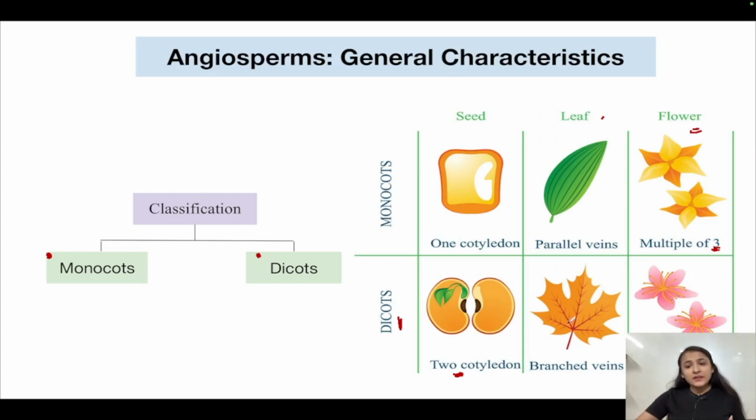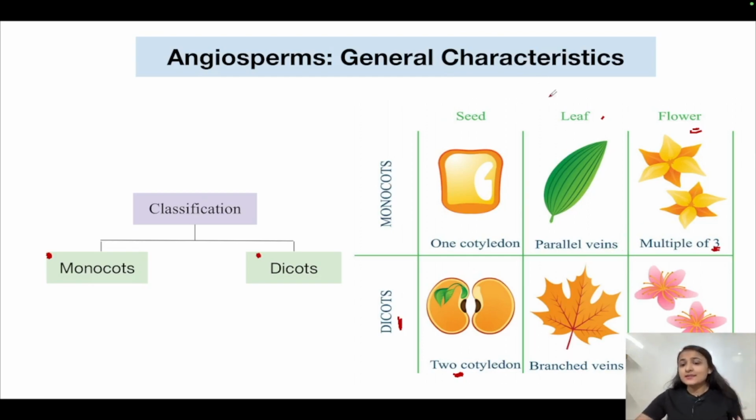If we look at their leaves, they have branched veins. See, here the veins were straight running parallel to each other, but here the veins are branched, and each vein is further dividing into more veinlets. Now if we talk about their flowers, the whorls in the flowers are present in multiples of 4 or 5.